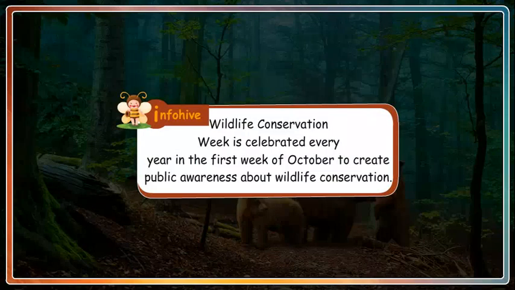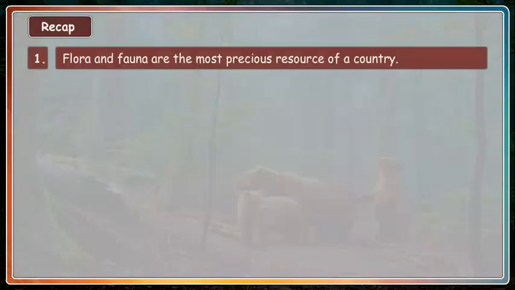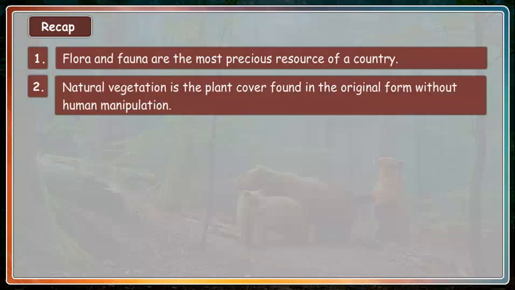Info hive. Wildlife Conservation Week is celebrated every year in the first week of October to create public awareness about wildlife conservation. Recap. Flora and fauna are the most precious resources of a country. Natural vegetation is the plant cover found in its original form without human intervention.